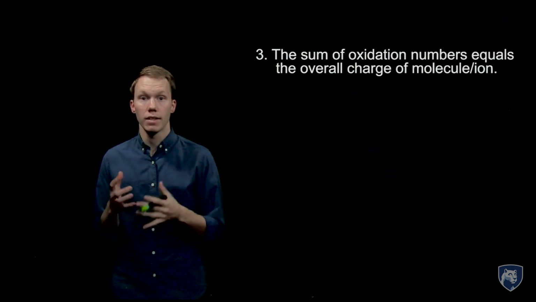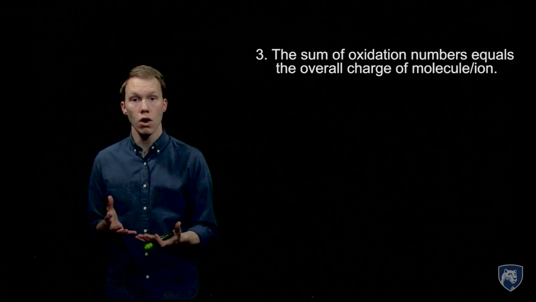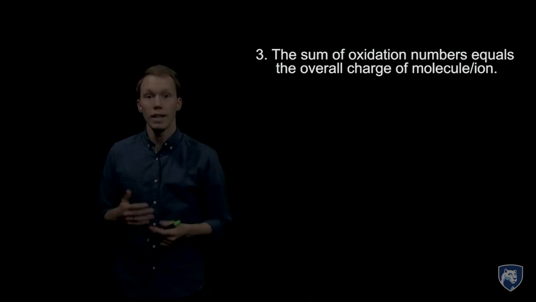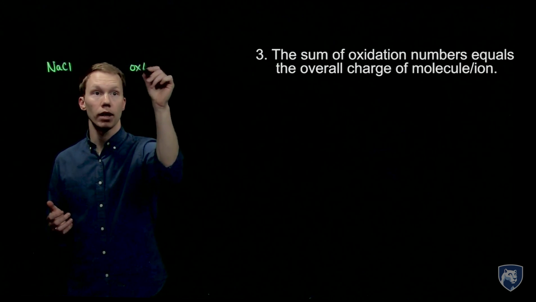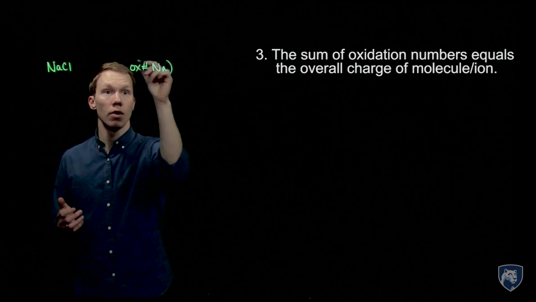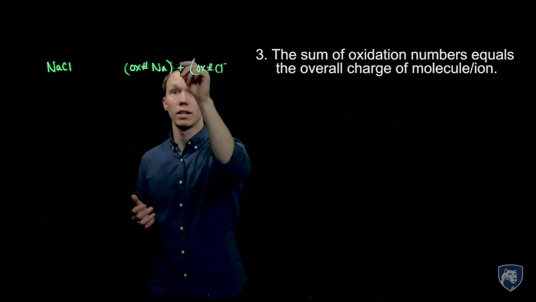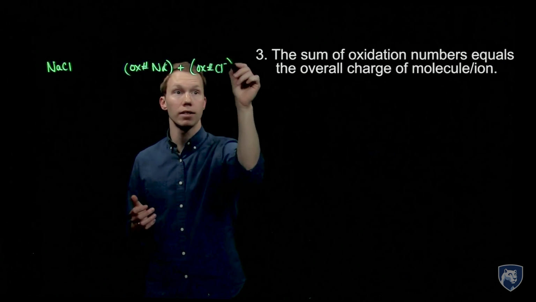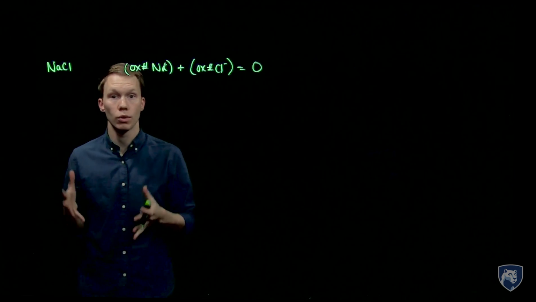The third rule is helpful for when we need to determine the oxidation number in compounds. So this rule tells me that the sum of the oxidation numbers must add up to the charge of the compound. If we have a salt like NaCl, the oxidation number of sodium plus the oxidation number of chloride must equal 0, because NaCl is overall a neutral unit.